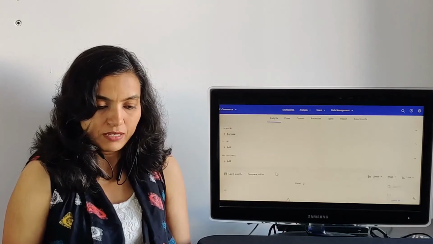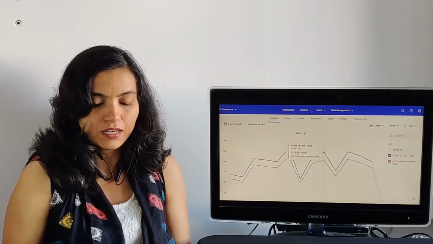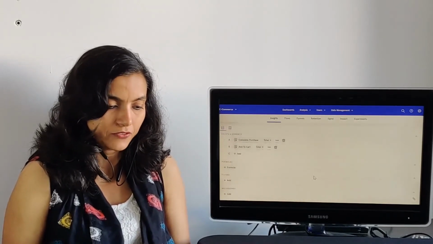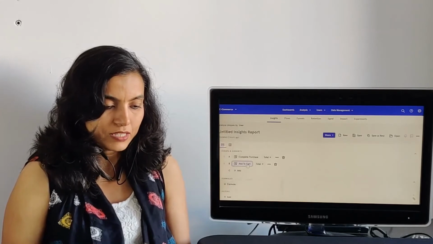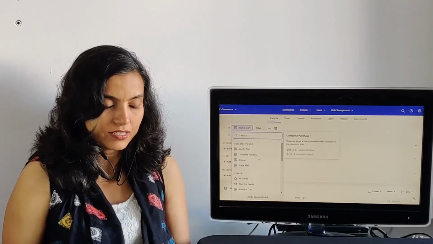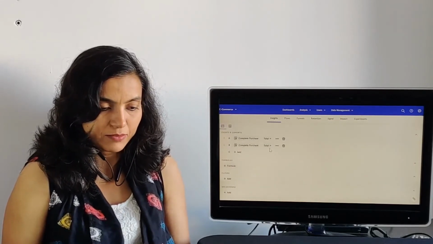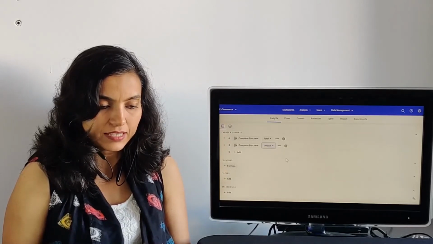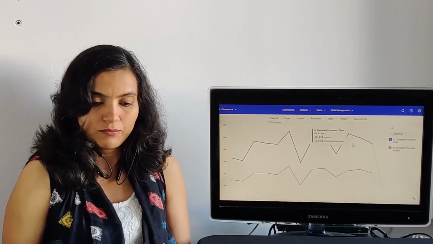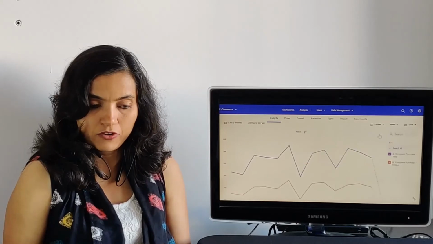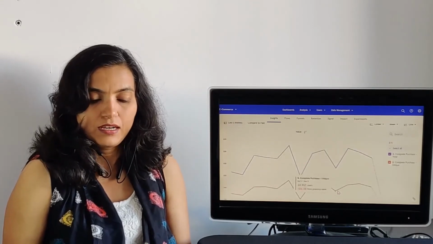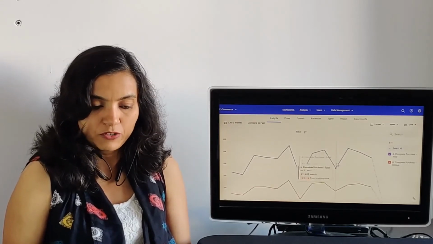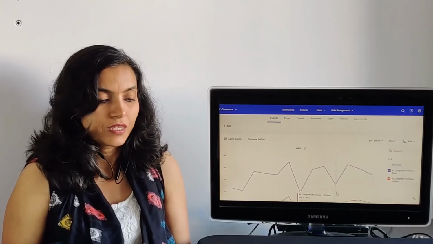So both of these can be plotted here together, and you can have a good visual comparison of this. You can also see the number of users and number of orders at the same time by repeating complete purchase, but instead of total, plotting unique in the second row. So these are the total number of orders week on week for the last 3 months, and these are the total number of users, right?